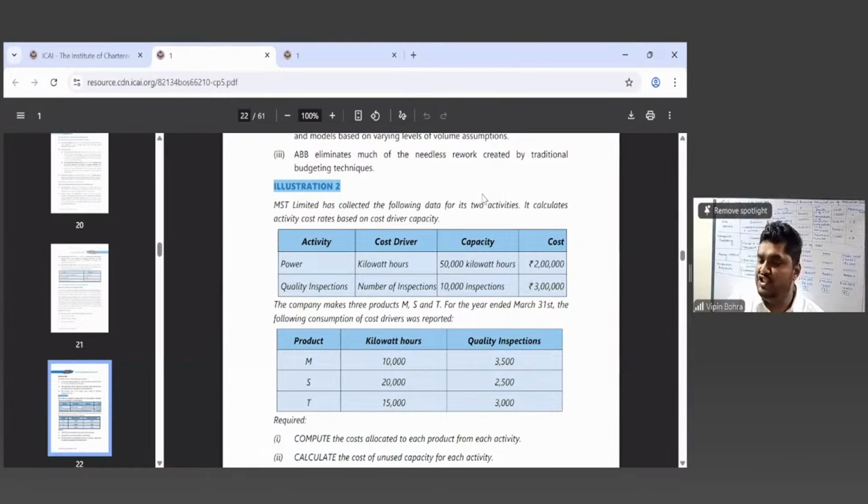So let's start with illustration number 2, wherein MST Limited has collected the following data for its 2 activities.